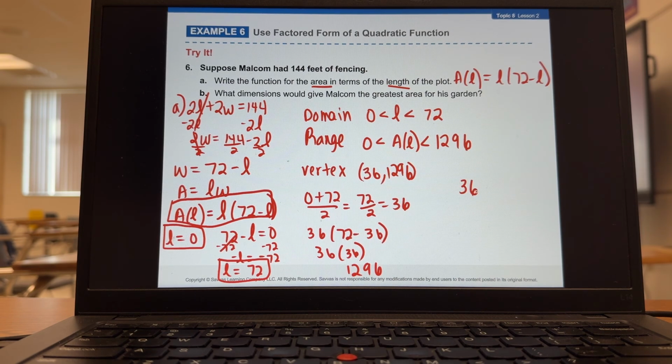So if I do 36 times 72 minus 36, 36 times 36, 1,296. So the dimensions would be 36 by 36.